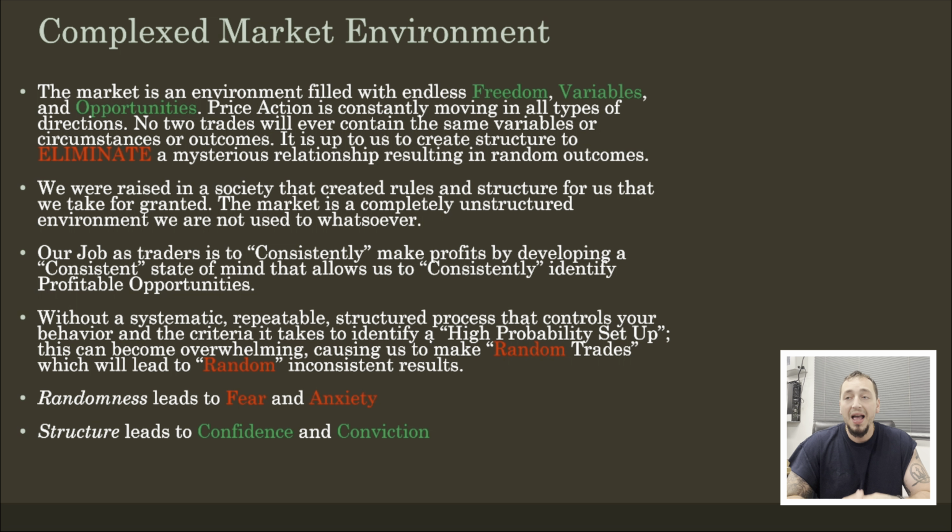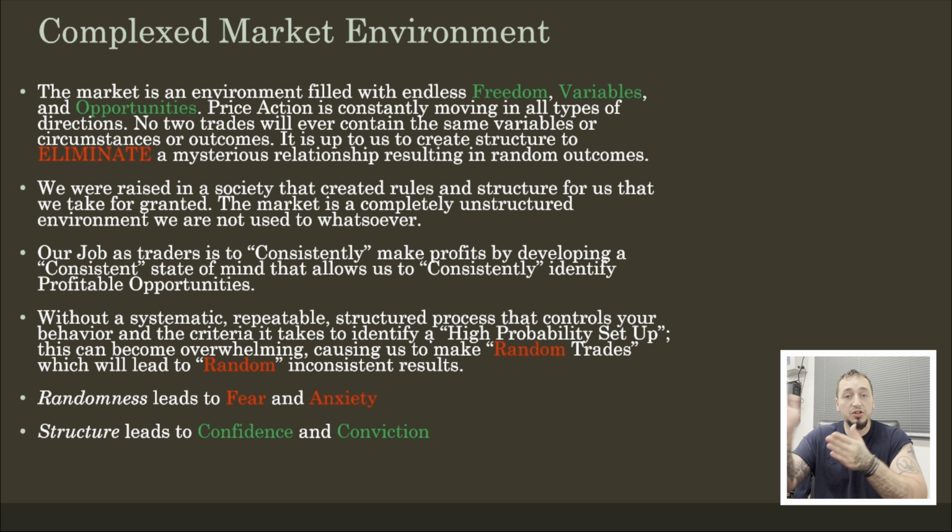So our job as traders is to consistently make profits by developing a consistent state of mind that allows us to consistently identify profitable opportunities. Consistency is a state of mind. Everybody thinks consistency is something you achieve through getting good as a trader. In reality, a good trader is a trader that follows a consistent, systematic way of thinking, a process, a structured approach, because you have all these variables coming in and out, making every trade completely unsymmetrical.